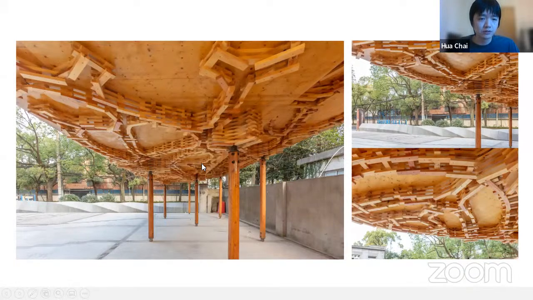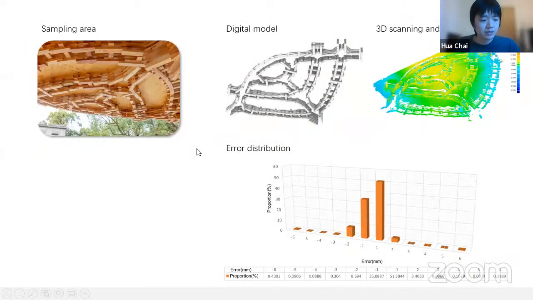The roof could achieve a maximum span of 5 meters with a thickness of only 60 millimeters. The analysis of the final result also shows that the pavilion was constructed with very high precision, with the error distribution mainly concentrated within plus or minus 3 millimeters.